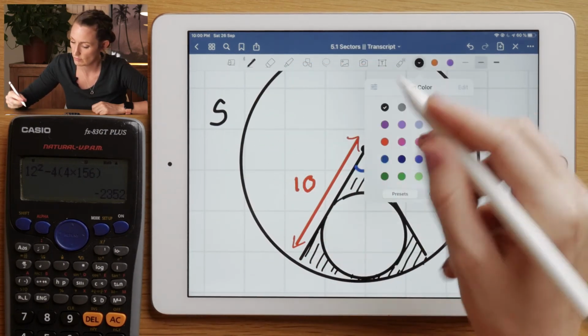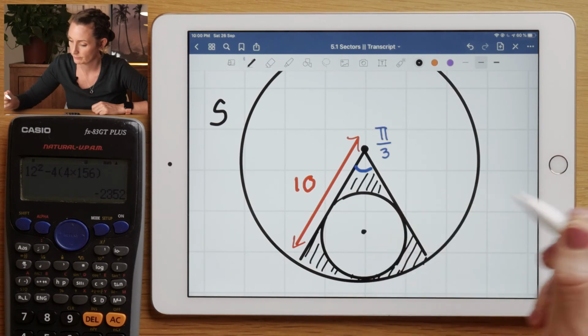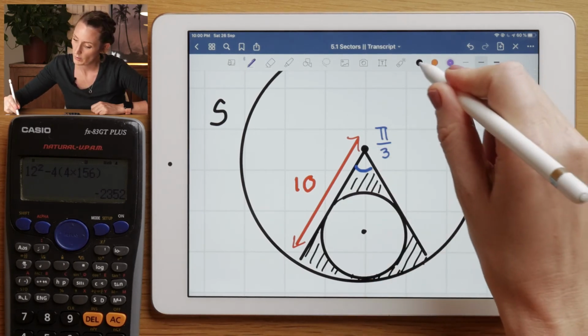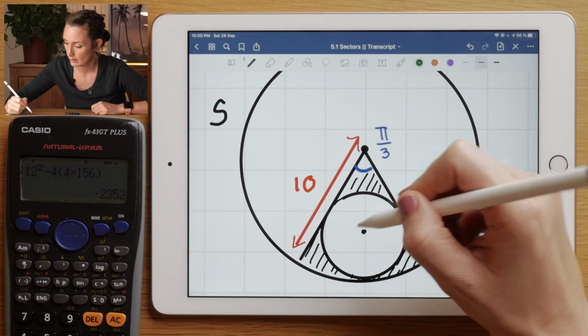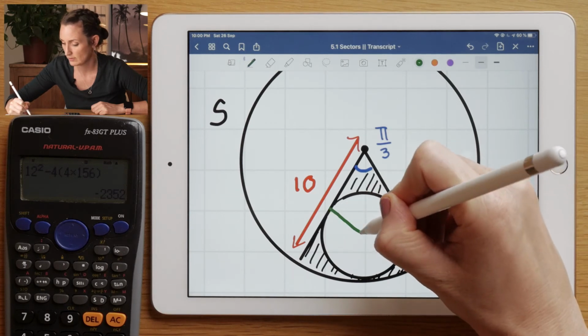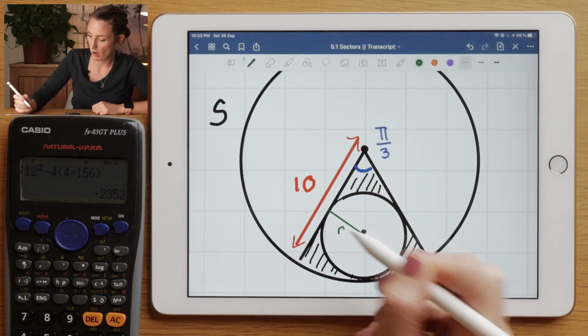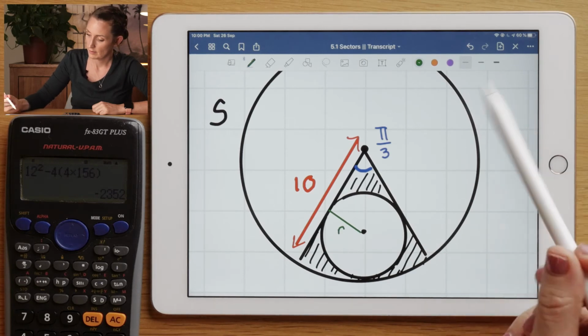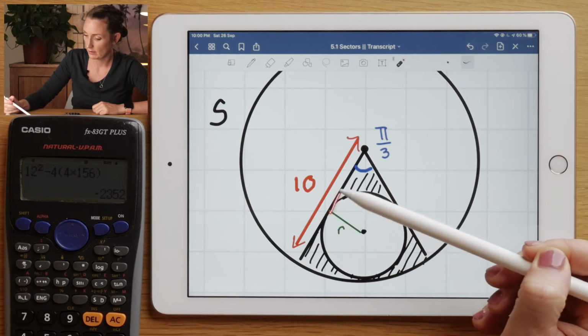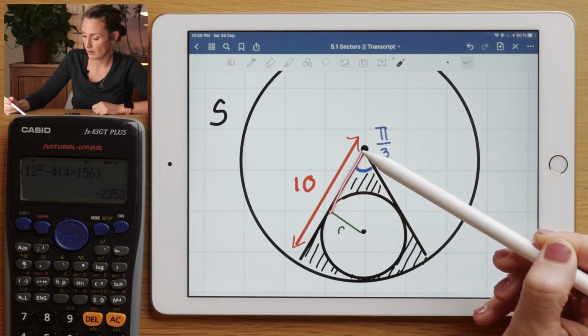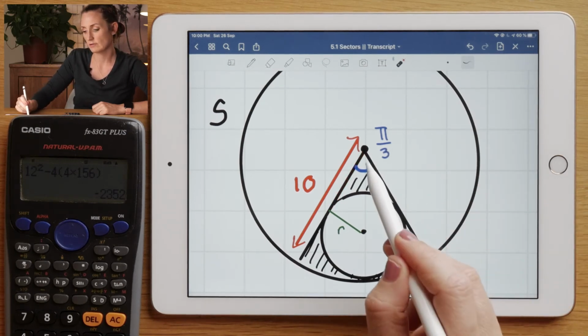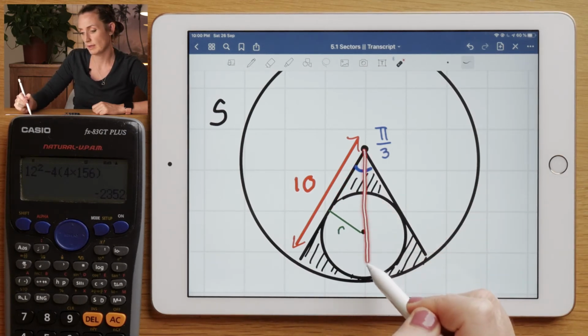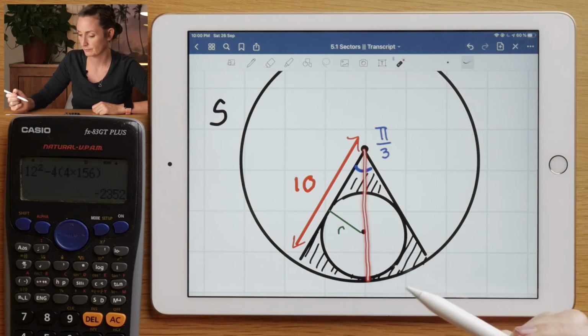So if we put the center of the circle being here, we can join a radius at the point of intersection here, and that would be r. This length here would be 10 minus r. Also, guys, later on it's going to be important to remember that this must also be 10.